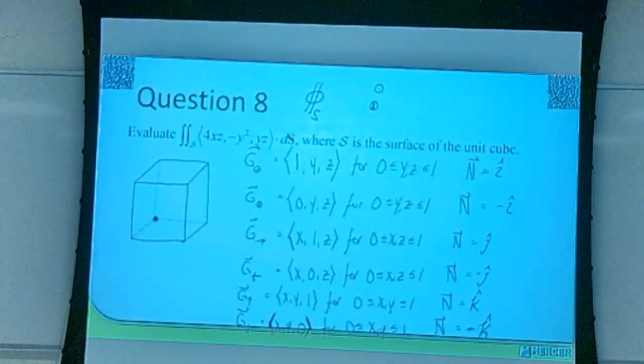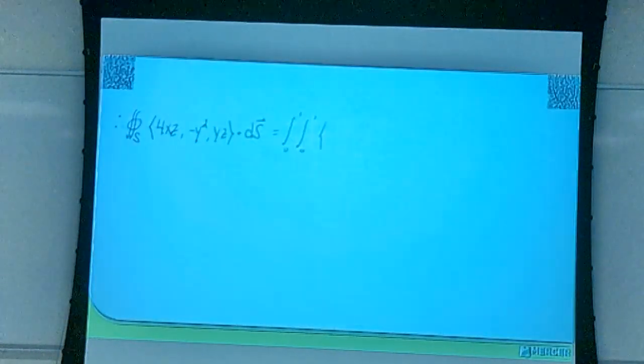X becomes 1, y and z stay the same, right? Dotted with n dA, which will be dz dy for us.